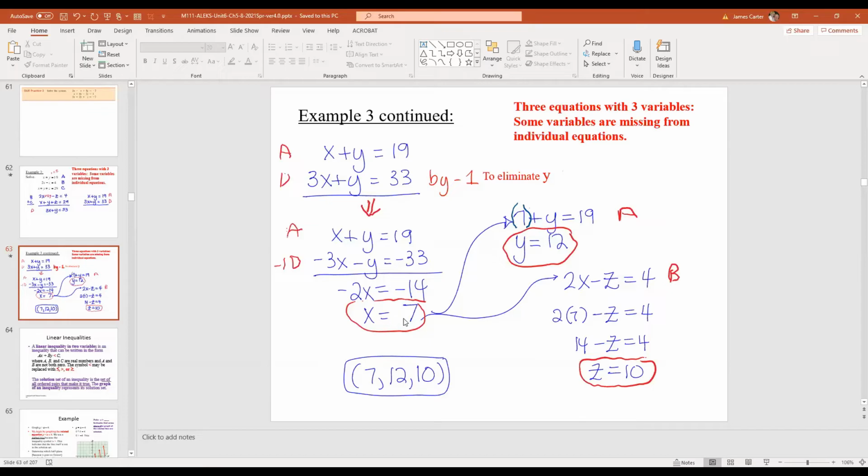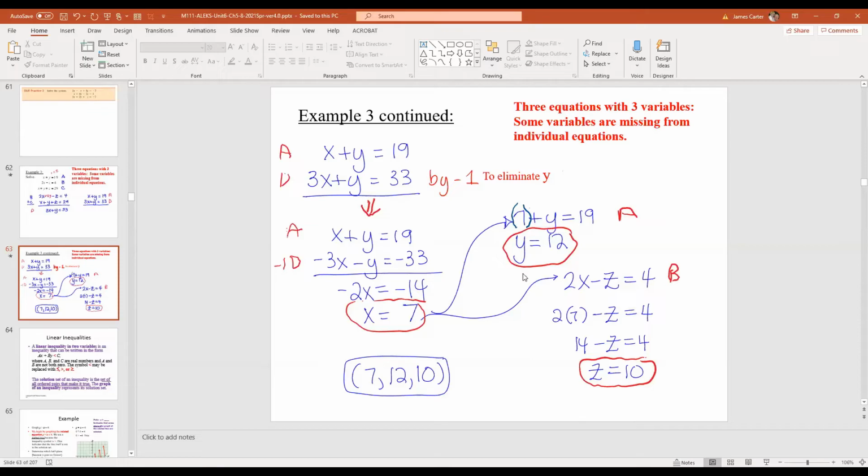Now, I can take that x equals 7, put it into equation A, and that gives me the value for y. So again, it saved me a little bit of trouble going backwards. I now have two variables solved, the 7 and the 12.